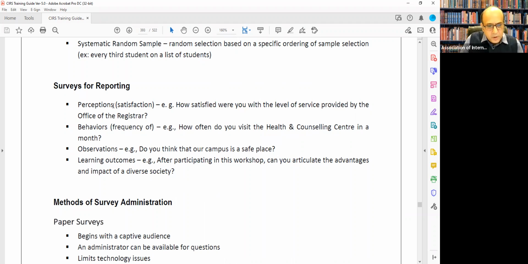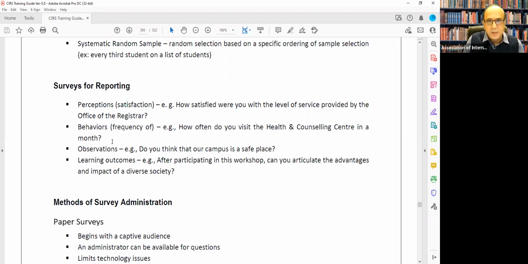So when we are talking about perception, behavior, observations, all of these terms will have a lot to do with the psychology of how you are going to understand the cues. The perceptions will depend on how you're going to write your observations.